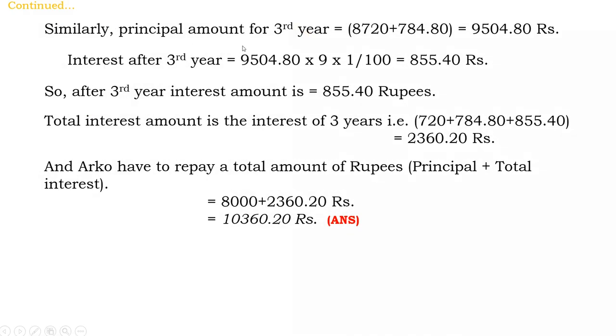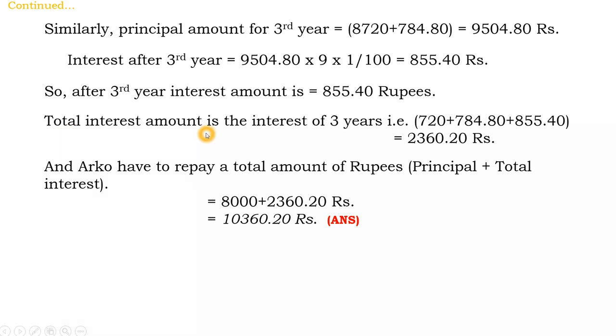Now the principal amount for the third year will be the previous principal plus this year's interest. So 8,720 plus 784.80 will give you 9,504.80 rupees. The interest amount of the third year will be calculated with the same equation, and it will give you 855.40 rupees. So after the third year, the interest amount will be 855.40 rupees.